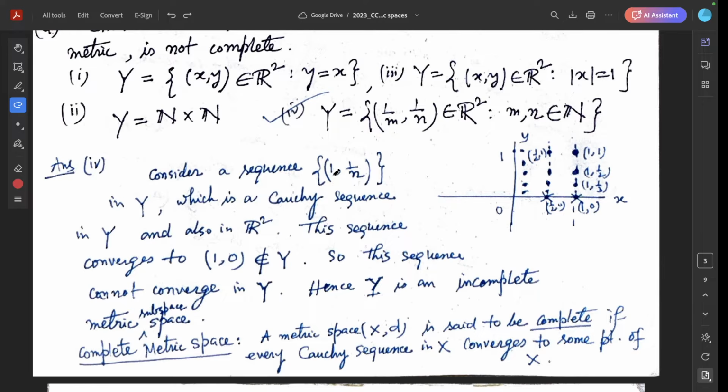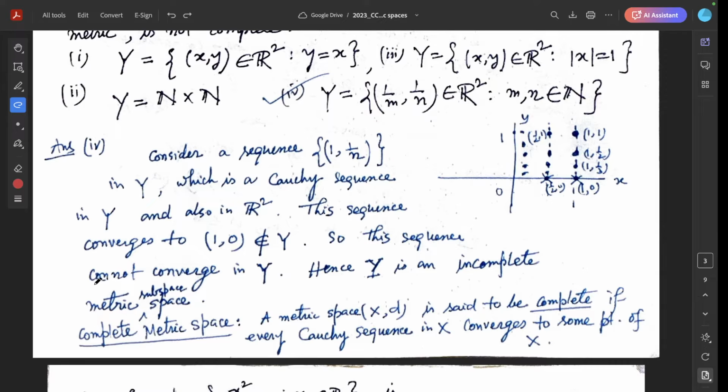Consider the sequence (1, 1/n), that is (1, 1), (1, 1/2), (1, 1/3), and so on, in Y. This is a Cauchy sequence in Y and also in R², and this sequence converges to (1, 0) obviously. But (1, 0) does not belong to Y, because Y is the set of all those (1/m, 1/n) belonging to R² with m, n belonging to N. So this Cauchy sequence cannot converge in Y. Hence Y is an incomplete metric subspace.